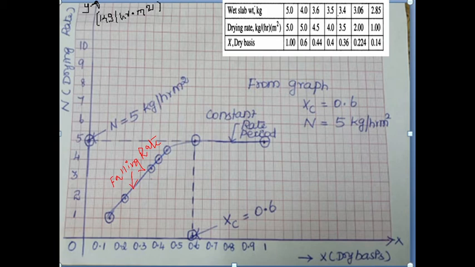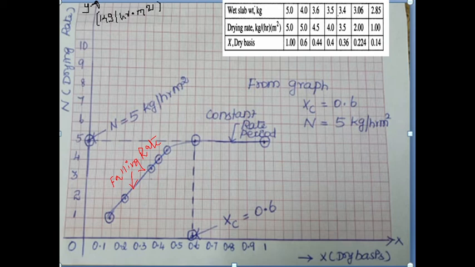Are you clear? Okay. So in this graph, the range from 1 to 0.6 on the x axis is the constant rate period. Refer to the graph. And from 0.6 to 0.14 on the x axis is considered as falling rate period. Are you clear or not?